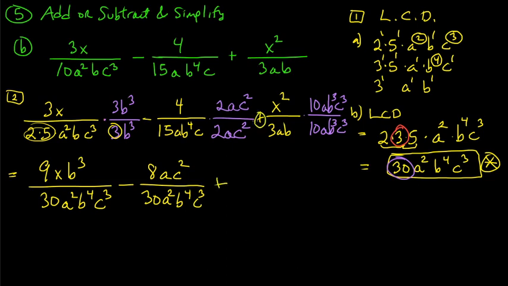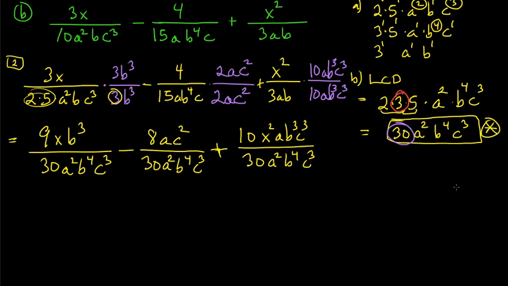Plus, right, because that's a plus. Let's put the 10 in front. We have x squared a b cubed c, oops, sorry, c cubed. And then the denominator will again be 30 a squared b to the 4th, c to the 3. Okay, so now we can go on to step 3.